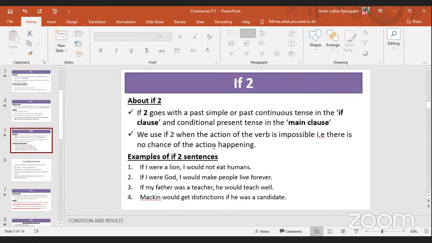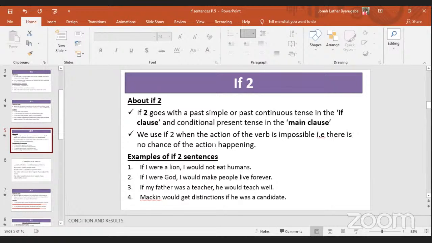You get that? Yes. It means I am not a lion and I will never be a lion. But when I say if I was a lion, it means I am not a lion, but I have a chance of becoming a lion. That's where the difference is. Were means I am not, I will never be. Was means I am not, I have a chance of becoming. You get that?